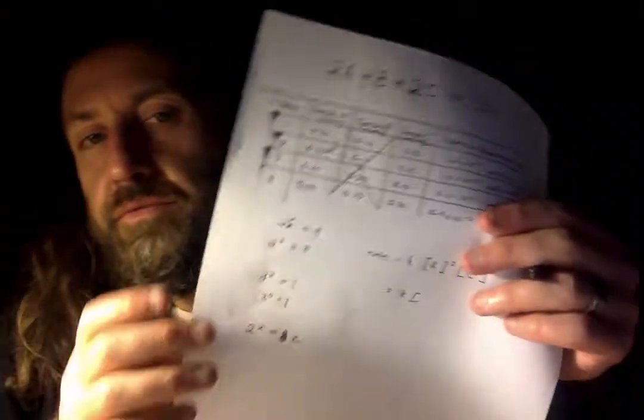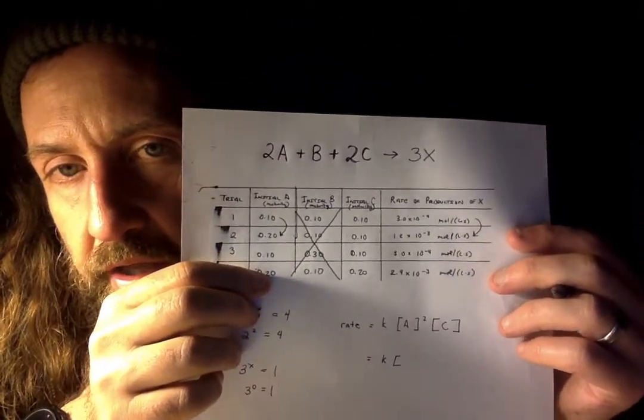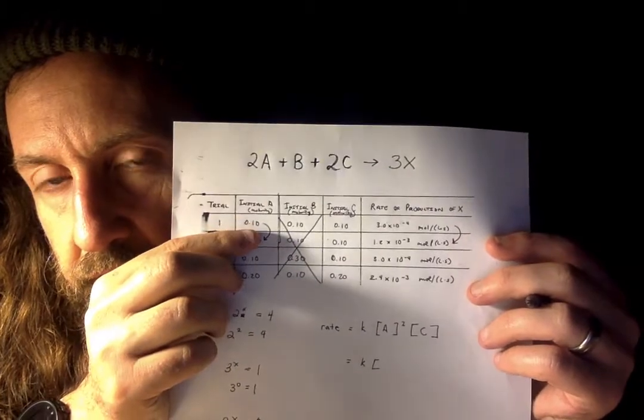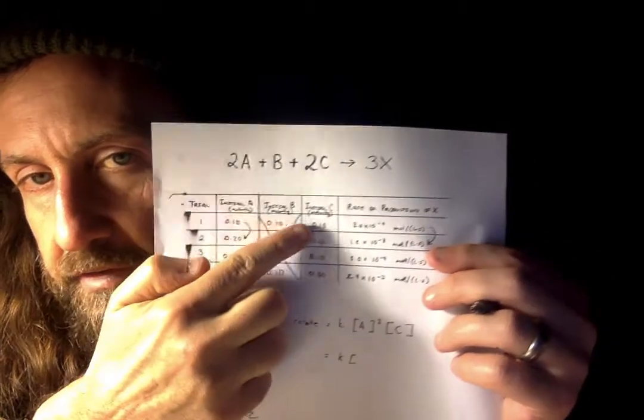You just take one of the trials, write down K, because we don't know what K is, but when you look at the trial, you know what A is, and A is 0.1, and C is 0.1, so it's K times 0.1 squared times 0.1 equals 3 times 10 to the negative 4th.